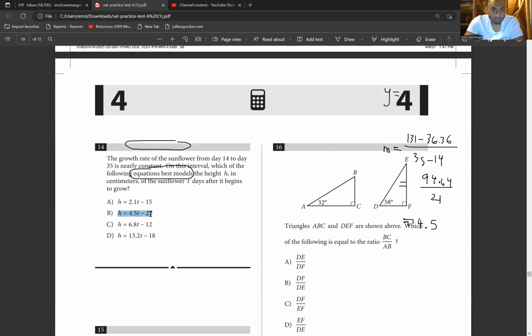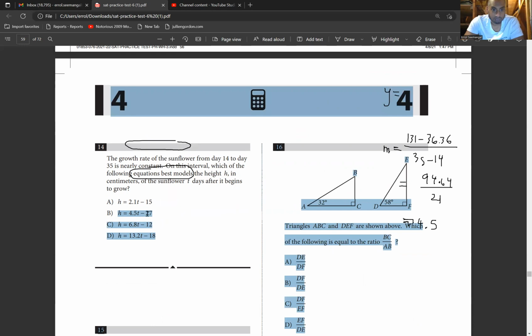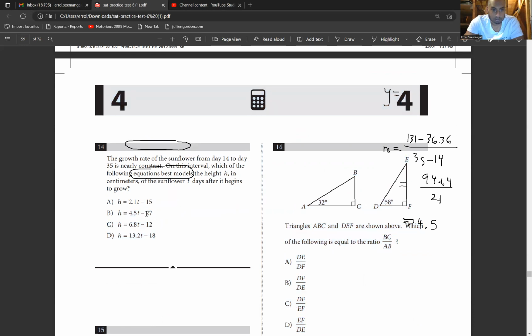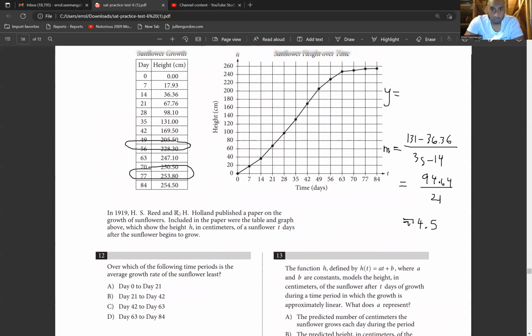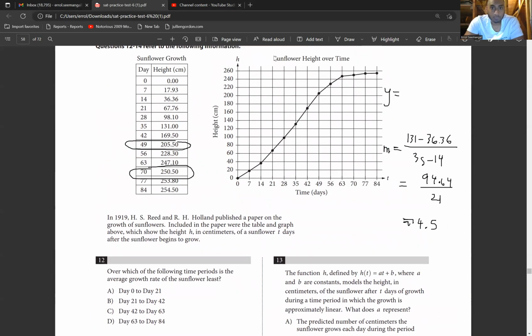So what about this 27? How can we check this 27 on the end right here? I'm not sure. Let's see here. Okay, so it was between day 14 and day 35.